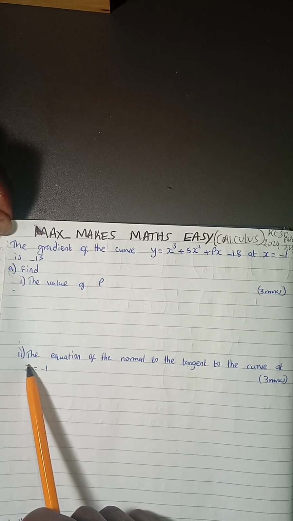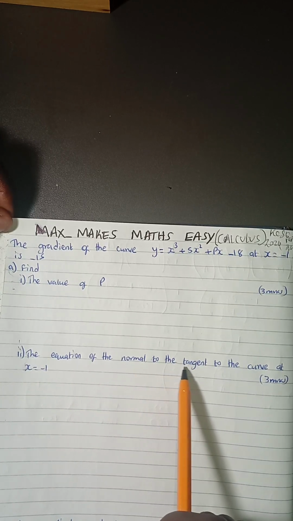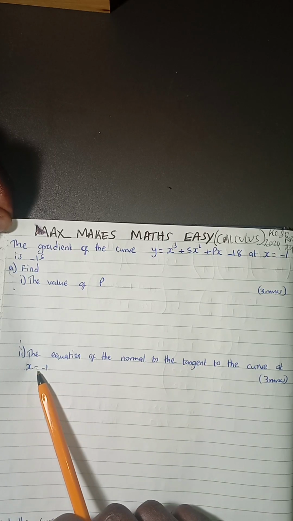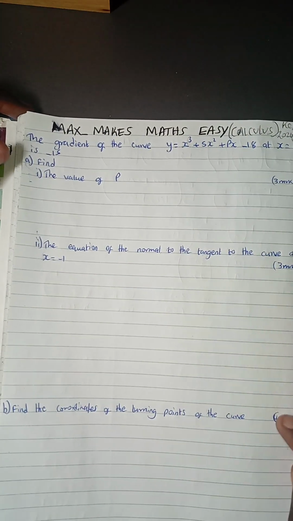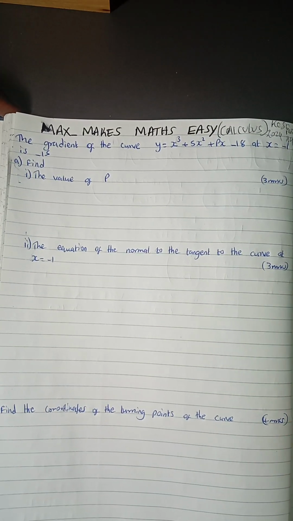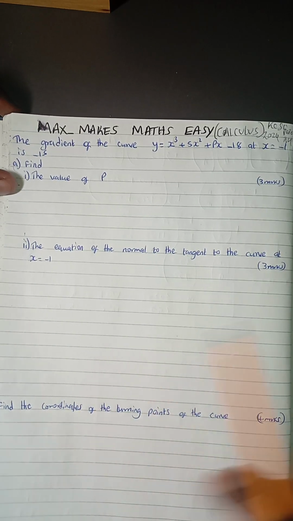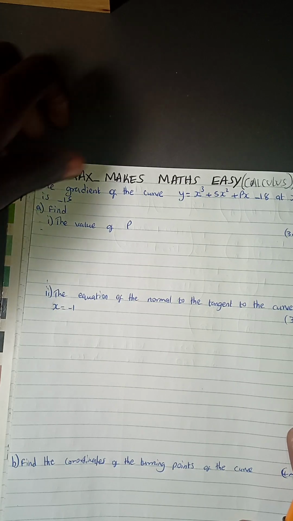Roman 2 asks for the equation of the normal to the tangent to the curve at x equals negative 1. And the last question, which has 4 marks, wants us to find the coordinates of the turning points of the curve.